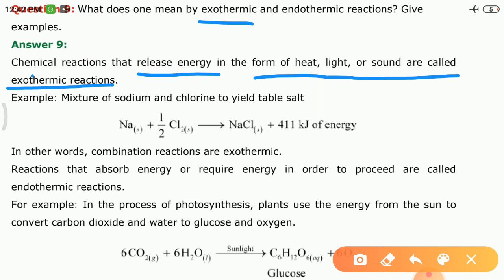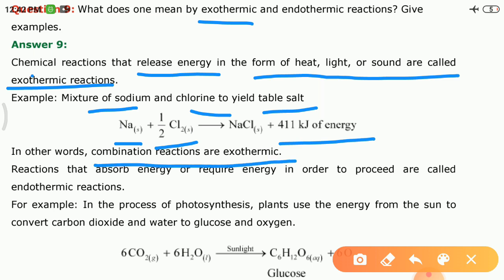For example, mixture of sodium and chlorine to yield table salt. Sodium plus chlorine Cl2 gives NaCl plus 411 kilojoule energy. In other words, combination reactions are exothermic reactions.